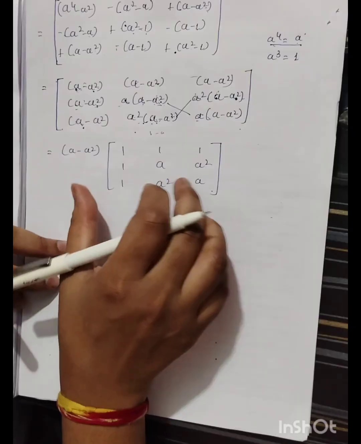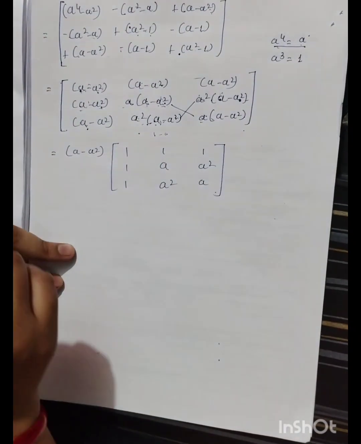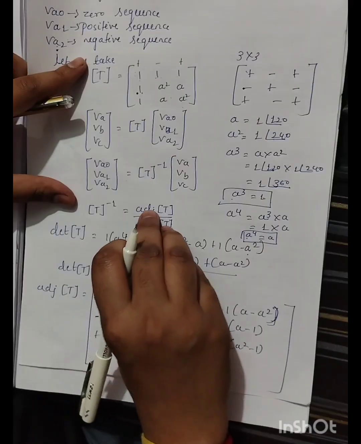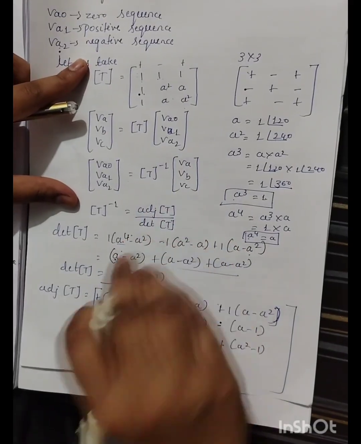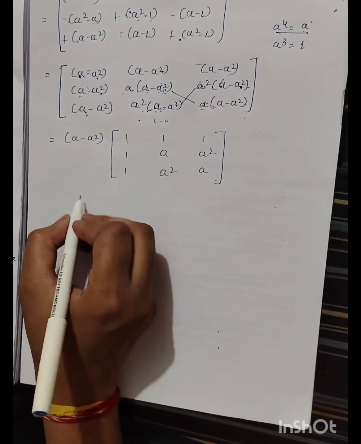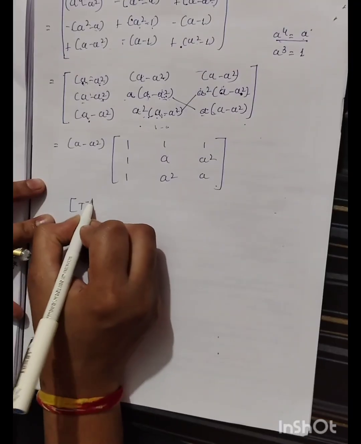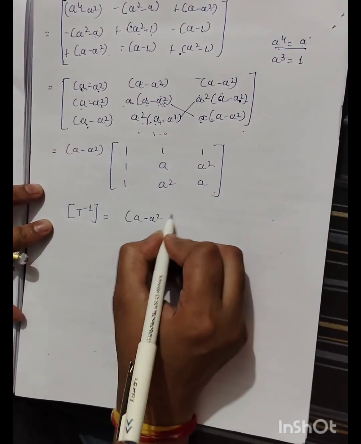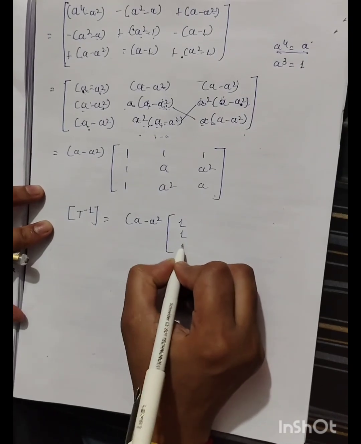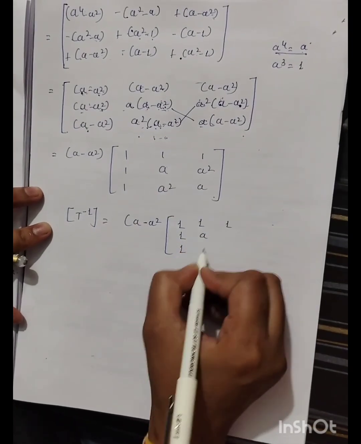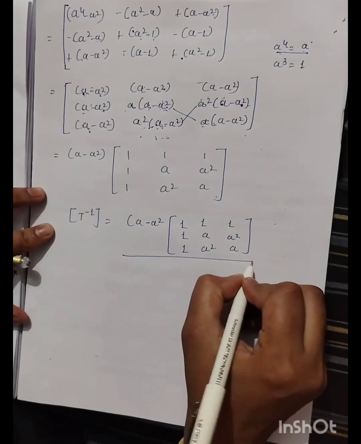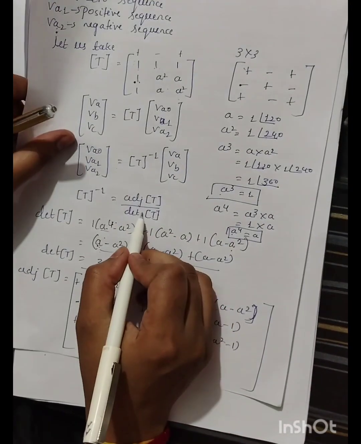This is what we got as adjoint T, and we have in the equation that T inverse is given by adjoint T by determinant of T. So write in this equation, that is T inverse. What is adjoint? This is a minus a square times the matrix 1 1 1, 1 1 a square, then a. And divided by determinant of T.